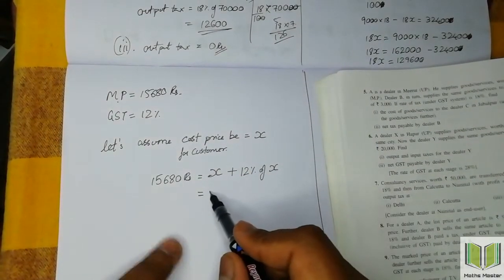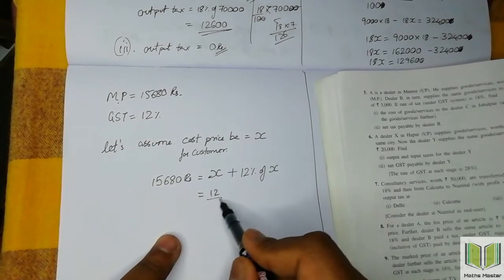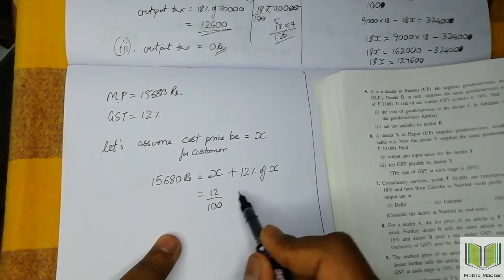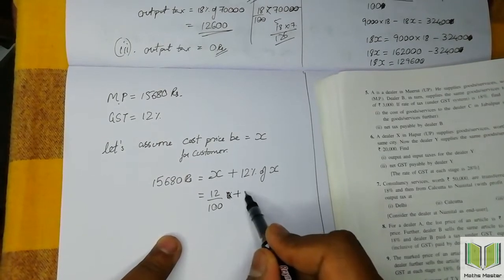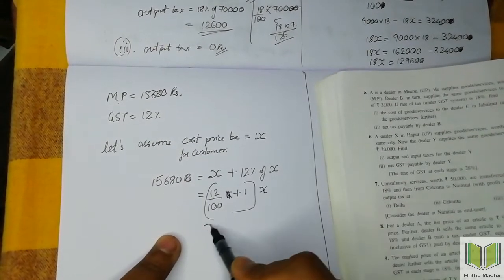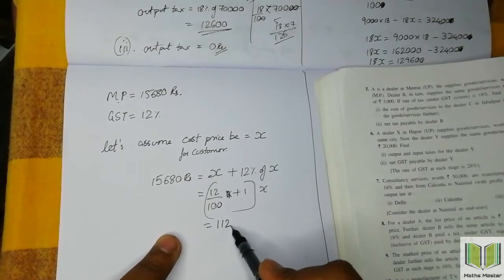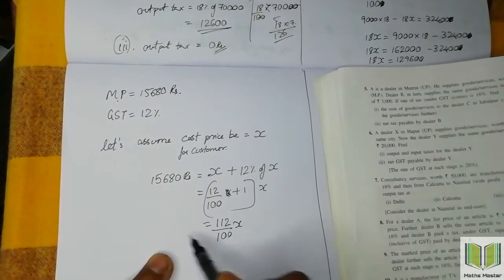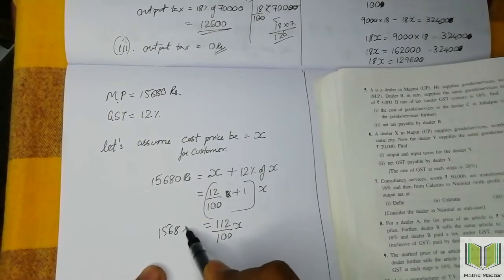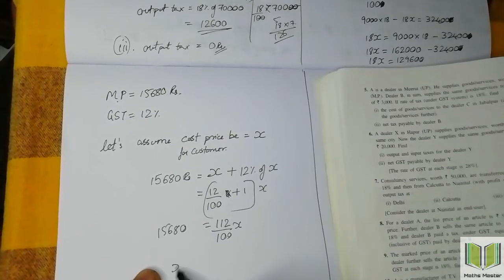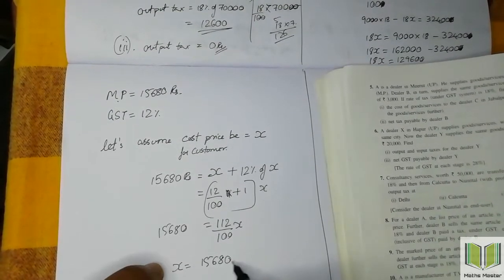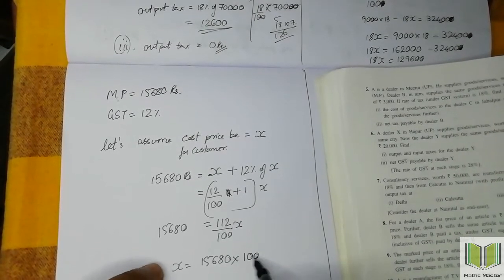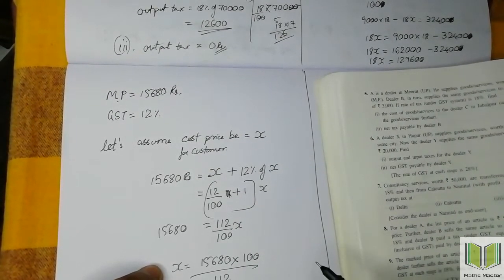So X plus 12 by 100 of X, which is equal to 1 plus 12 by 100 into X, which is equal to 112 by 100 X, equal to 15,680. So X is equal to 15,680 multiplied with 100 divided by 112.